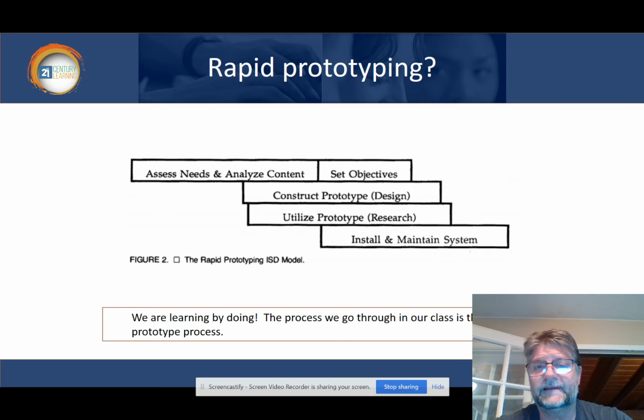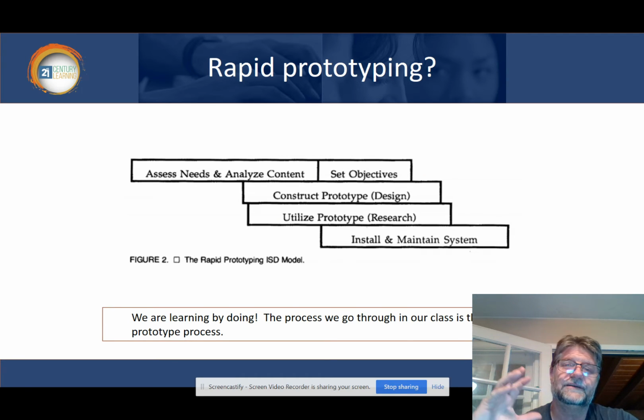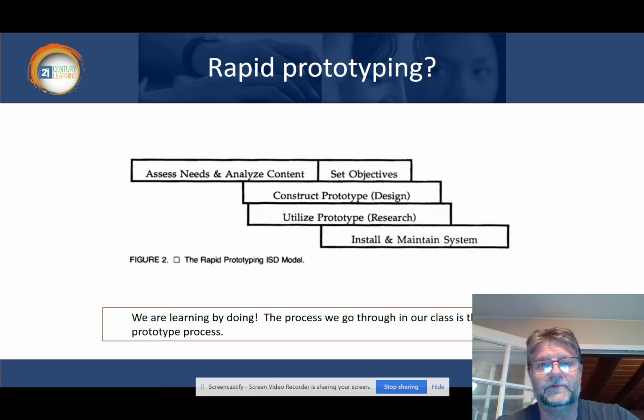We used some different techniques there, like outlawing lecture and stuff like that. We created the prototype, used the prototype, got all our data from the initial prototype, and then changed the class to its final look. Where it says here install and maintain system, that's what we did with the F-35 composite buildup course that we built.